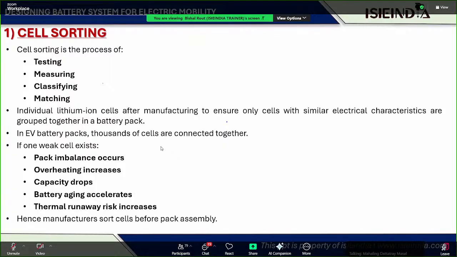Any doubts anyone have? Anyone have any doubts? Mahaling, Dattatreya, Masal, have you?